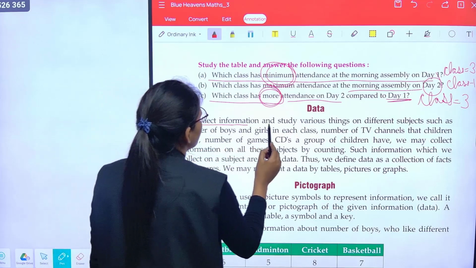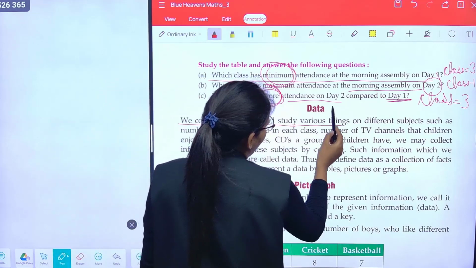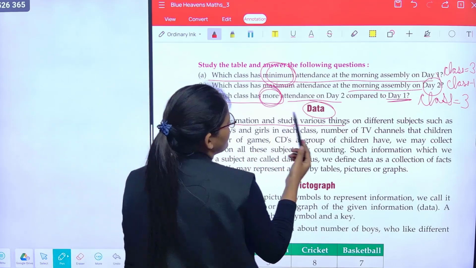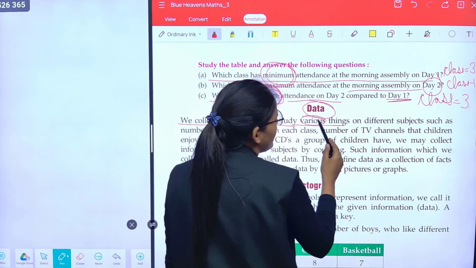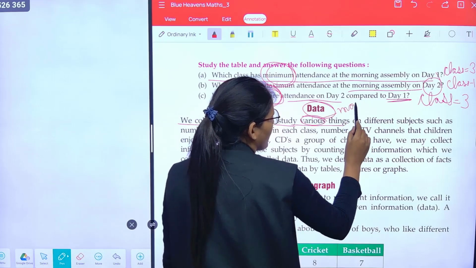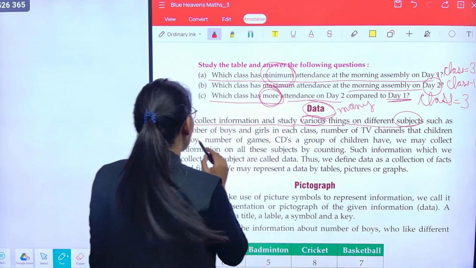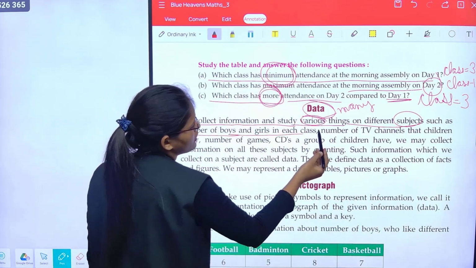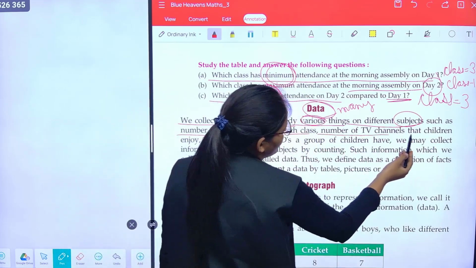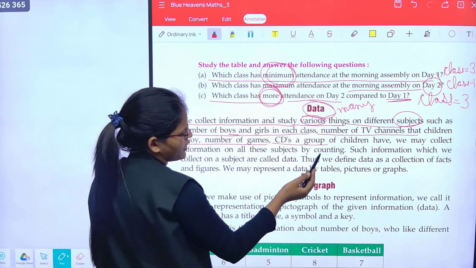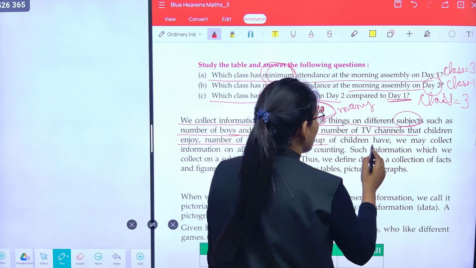We collect information and study various things. Data. We collect information and study many, बहुत सारे, things on different subjects such as the number of boys and girls in each class, the number of TV channels that children enjoy, the number of games a group of children have.